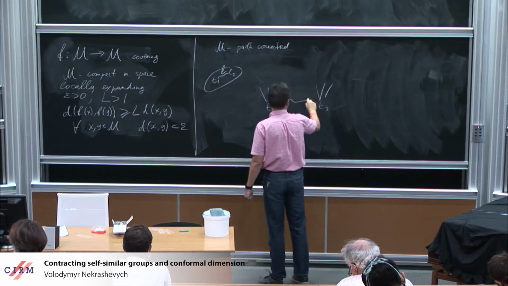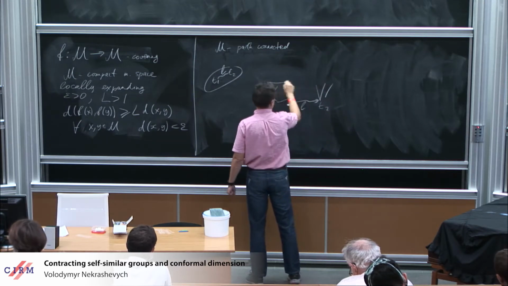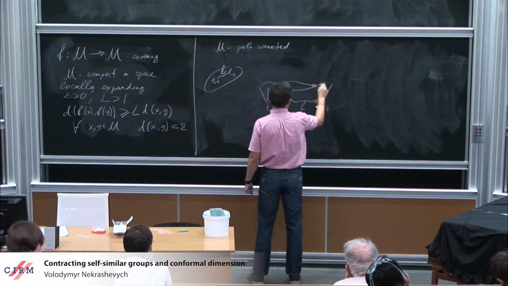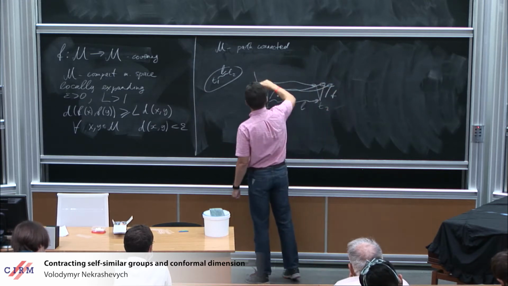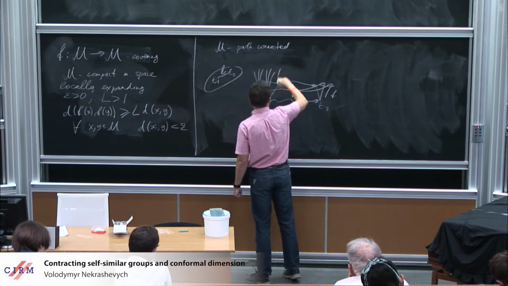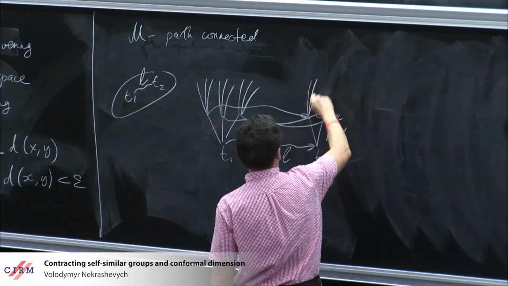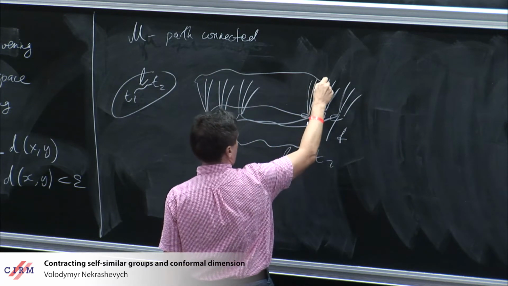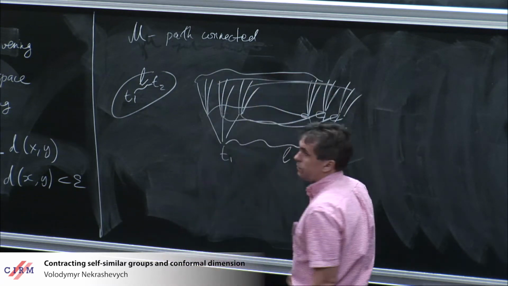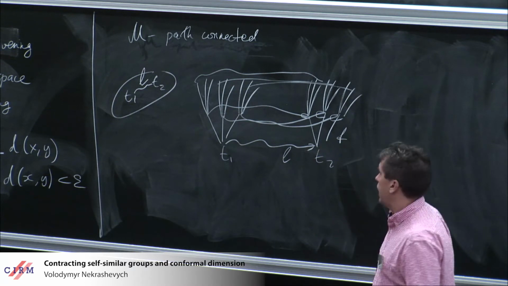So if you take this path L, you can lift it, and you will get a bijection between the preimages. Then these preimages will have preimages. You can lift the lifts, and you'll get a bijection between these preimages and so on.